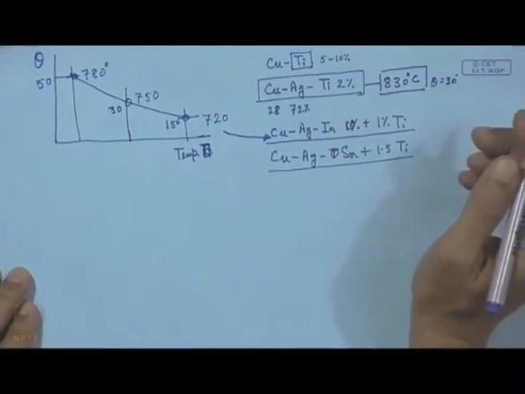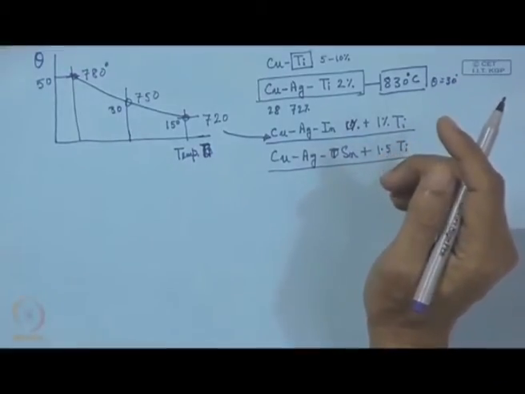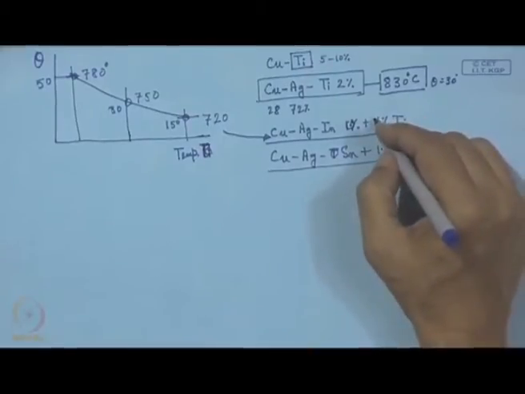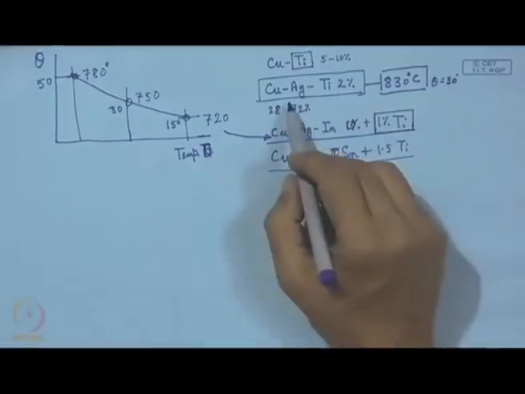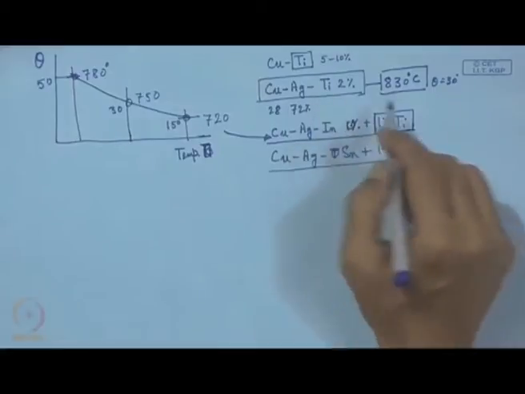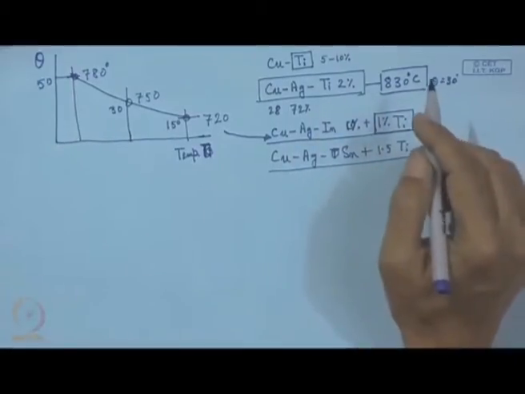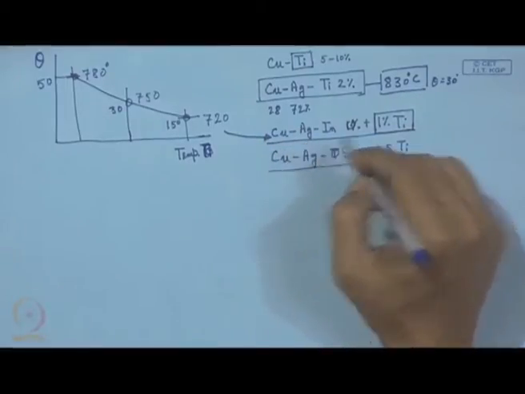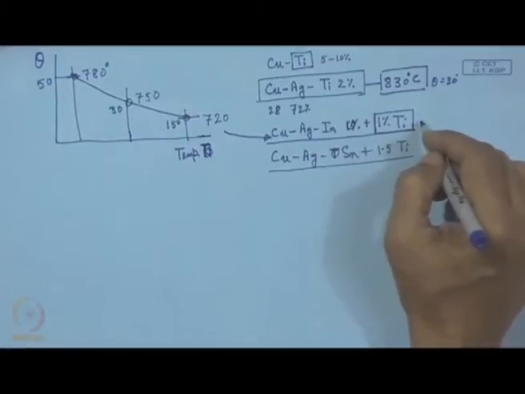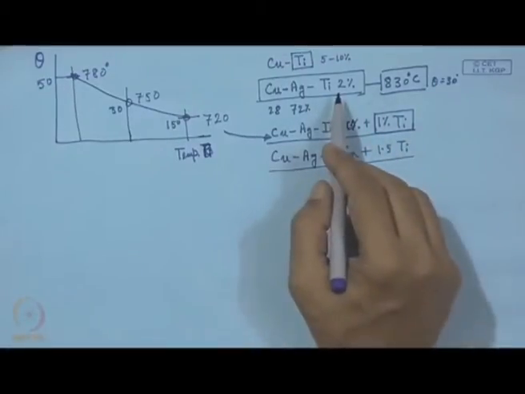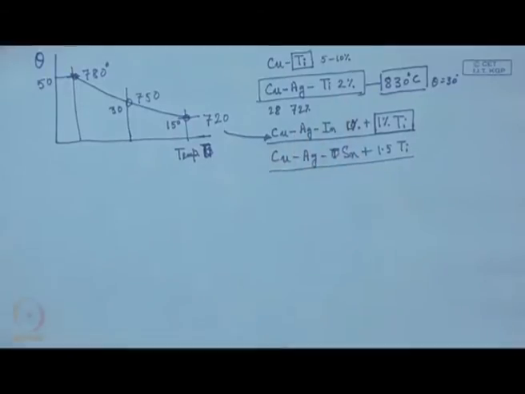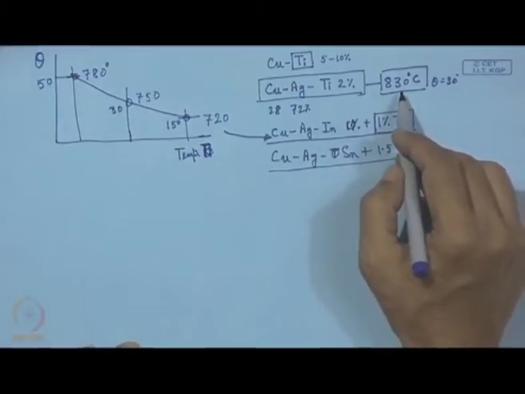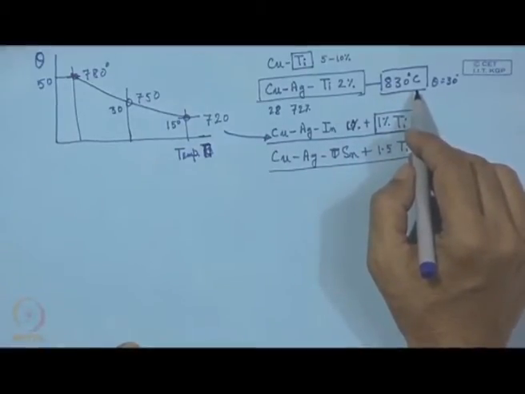So, what we see from this finding is that the activity of titanium is not bonded by this alloy; here this is free. The solubility of titanium in the silver copper system is reduced and the activity of titanium is increased, but here though it is 2%, the activity of titanium is not that high, and that is why we need higher temperature to promote wetting.